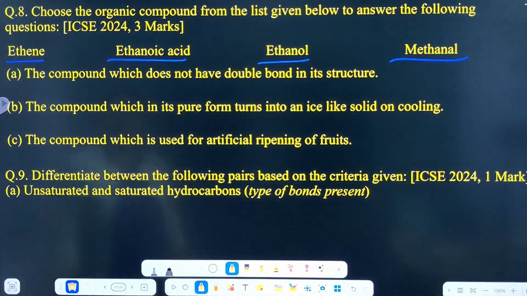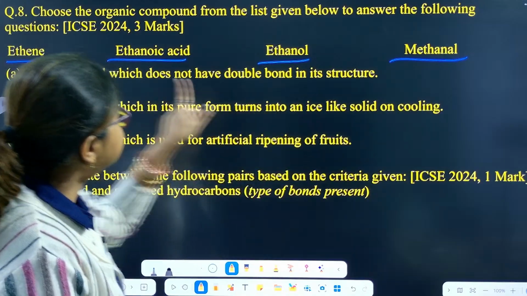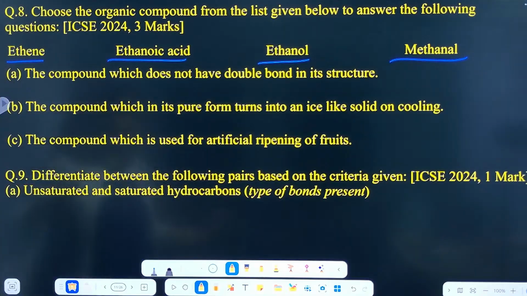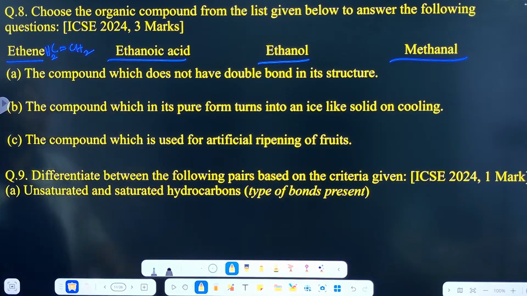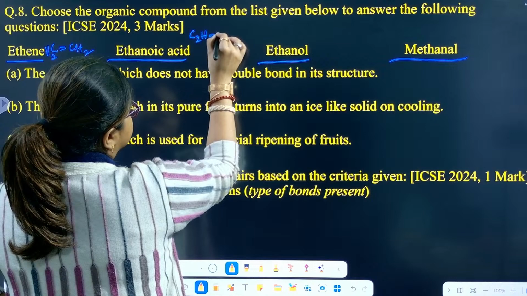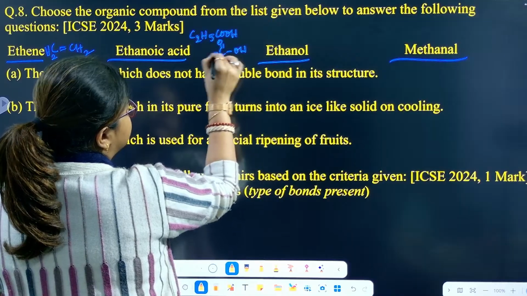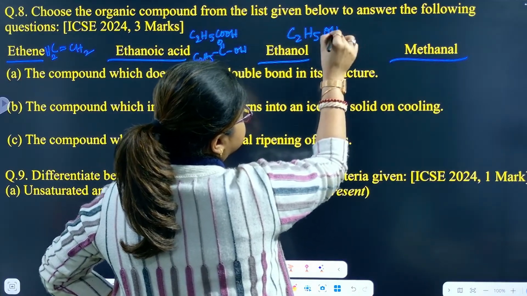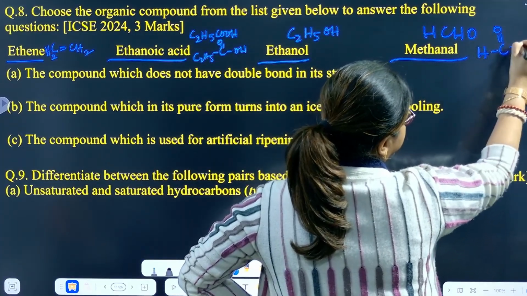The compound which does not have a double bond in its structure. तो इसमें से कौन से में डबल बॉन्ड नहीं है? इथीन में डबल बॉन्ड है. इथानोइक एसिड, यहां पे डबल बॉन्ड है COOH में, ठीक है? इथेनॉल, and methanal, this also has a double bond.